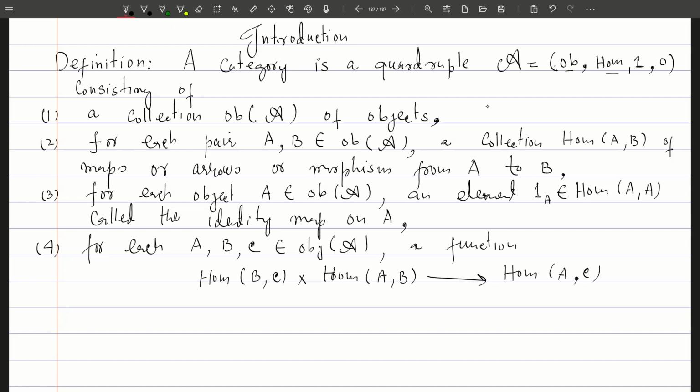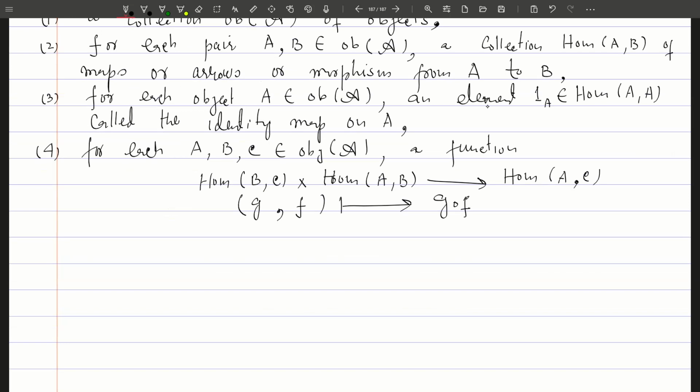It takes an element in hom(B, C), let us take this element to be G, and an element in hom(A, B), let us call that F. It takes this pair and maps it to the function G composed with F. This is called the composition.